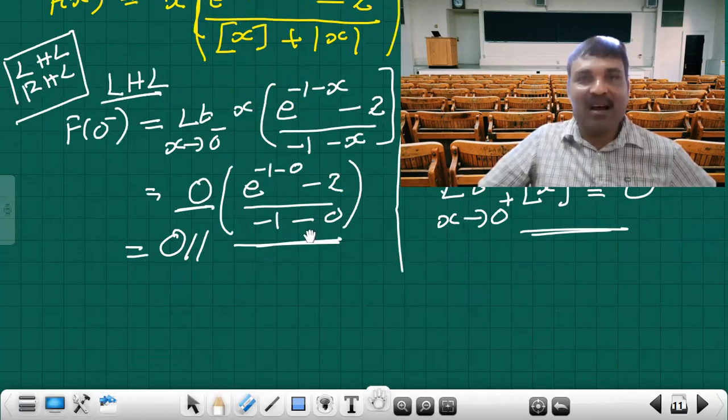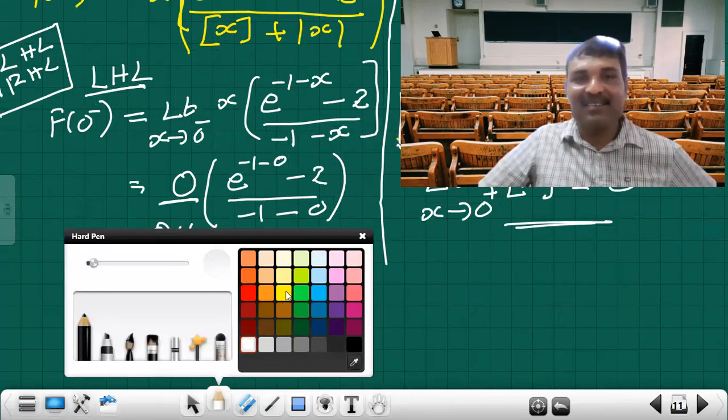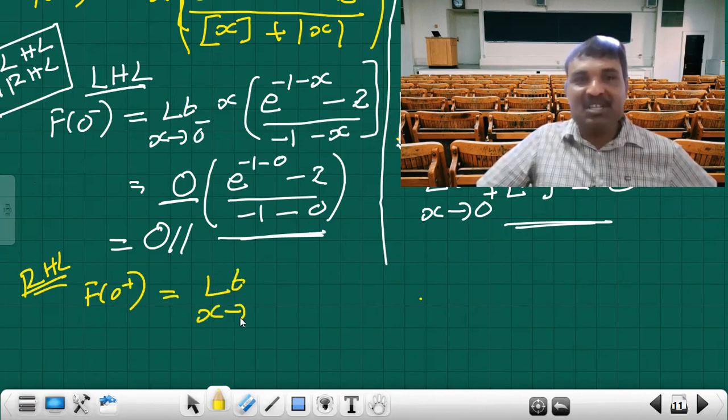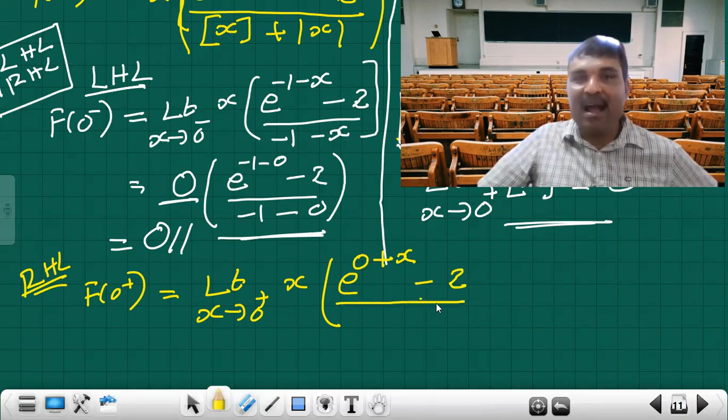Now we can evaluate the right hand limit. Okay. RHL, right? That is f of 0 plus. We can write this as limit x tends to 0 plus of x multiplied by e raised to the greatest integer function, 0 plus x minus 2, divided by 0 plus x.